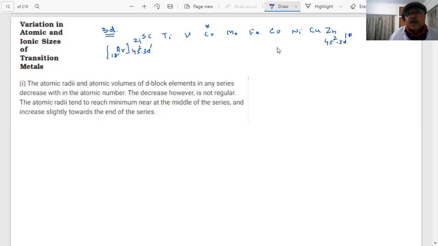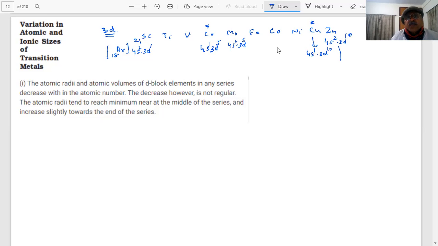Here you see exceptions in the configurations which we already told you: chromium becomes 4s1 3d5, manganese is 4s2 3d5, copper is 4s1 3d10, and zinc is 4s2 3d10, you already know.